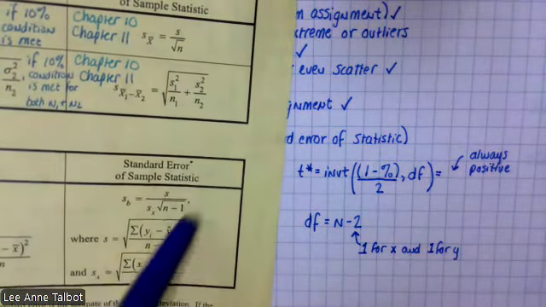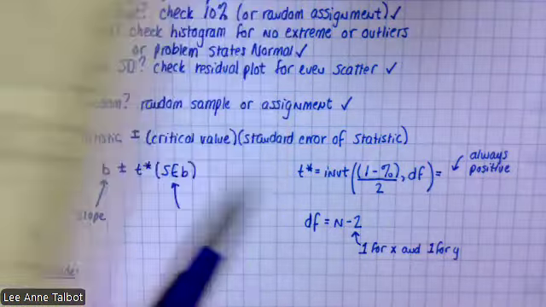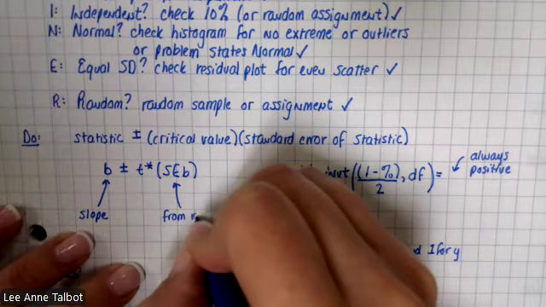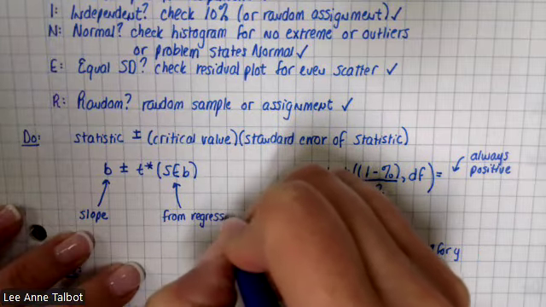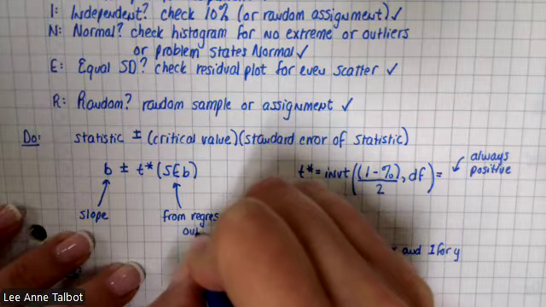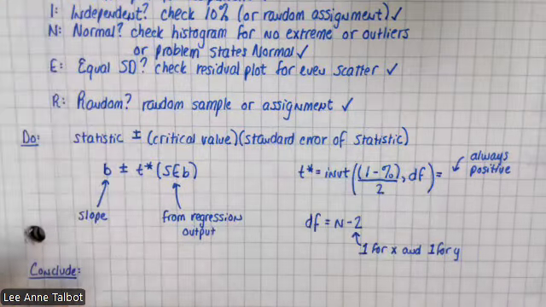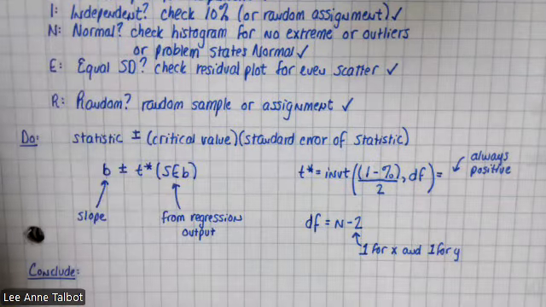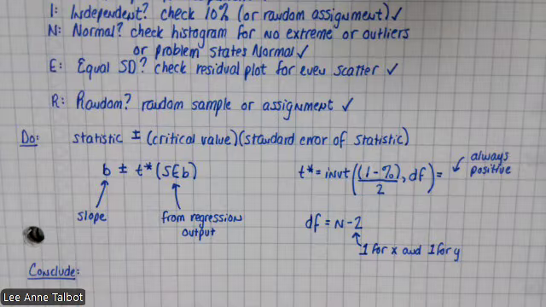It's a hot mess. This is going to be from the regression output that's given to you in the problem. So in that giant stack of stuff that they have to give you to be able to do the problem, standard error of the slope is going to be one of the numbers. And I'm going to remind you of all of those things when we get to the resource page and example.